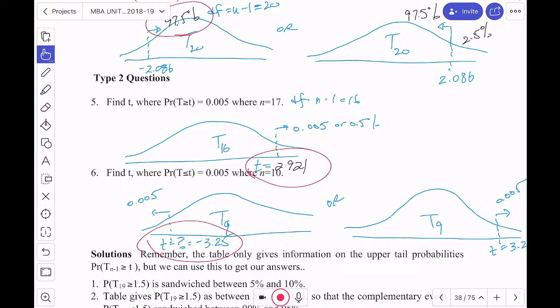No, we just read it right off the table because the way it's written, it says the distribution to the right of t is this small number. To be the right of t and a small number would be up here. So you just read right off the table. Nicole.